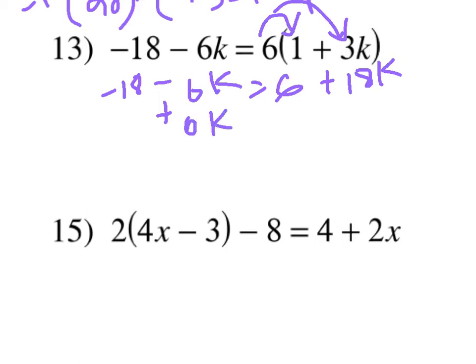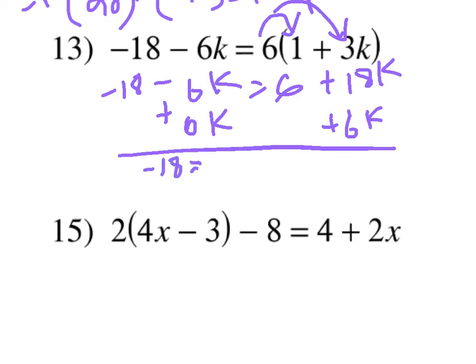Plus 6k to both sides. Because I'm eliminating the negative 6k on the left, all my terms will end up on the right. Negative 18 equals 6 plus 24k. Subtract 6 from both sides. Now we're left with, I'm going to come down here.